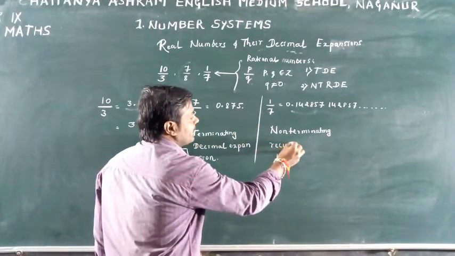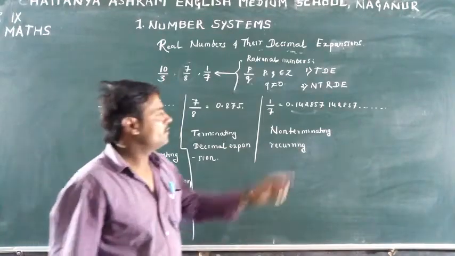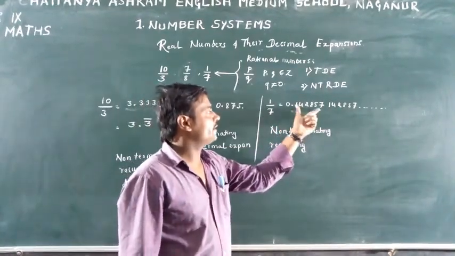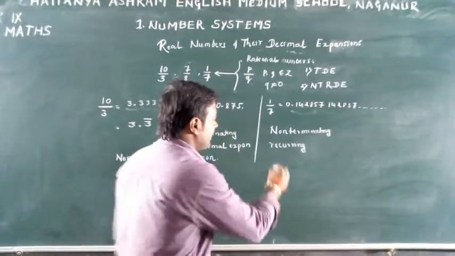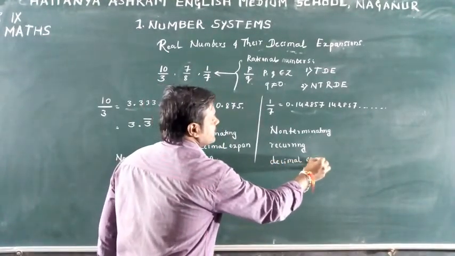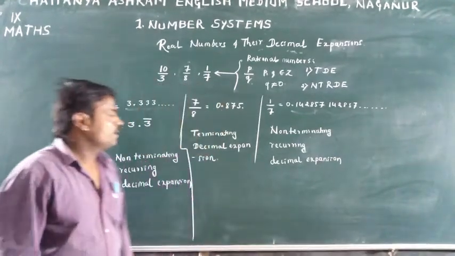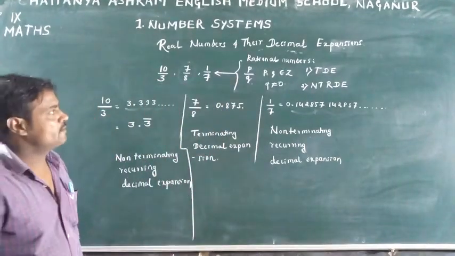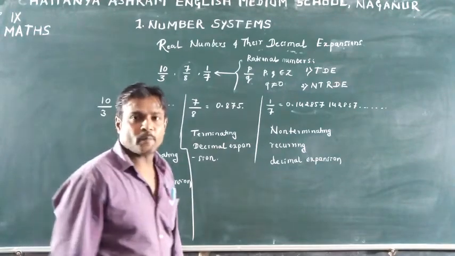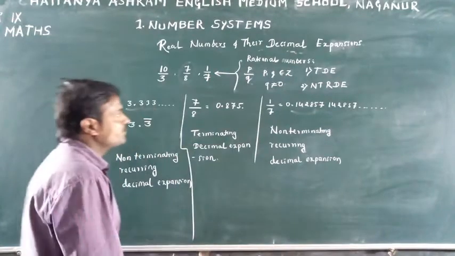Recurring, or repeating. Recurring means these digits are repeating. Recurring decimal expansion. Okay? So we have seen one more property of rational numbers about their decimal expansion.